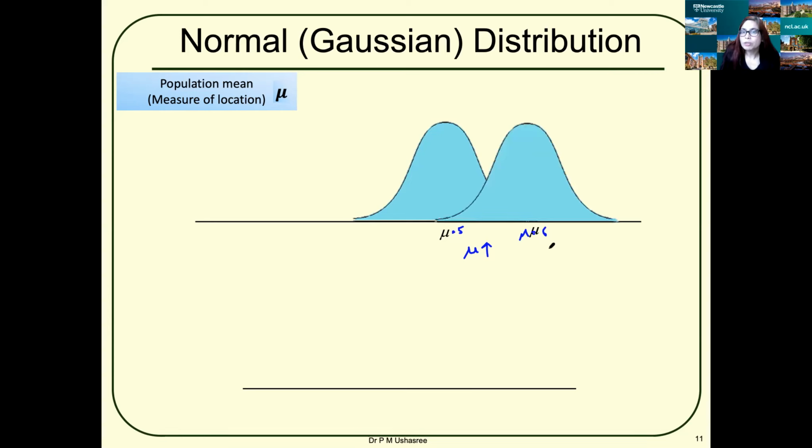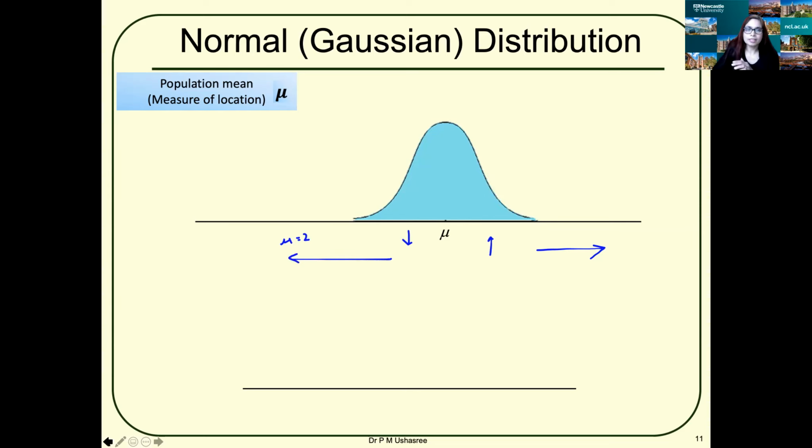Similarly, if I decrease the population mean, from 5 to, let's say, 2, then the whole distribution will move towards the left.